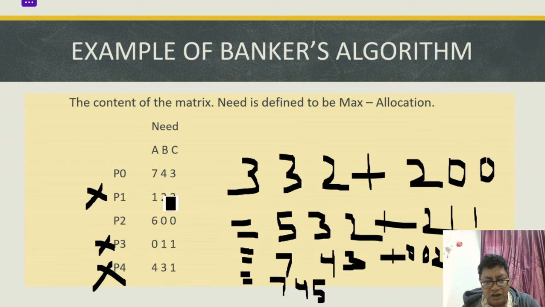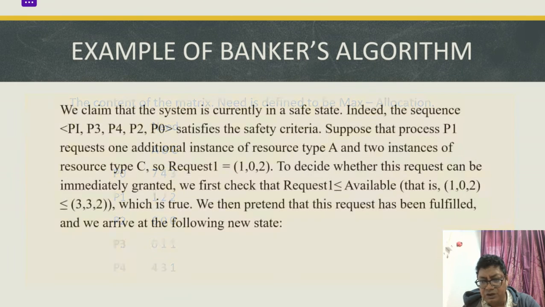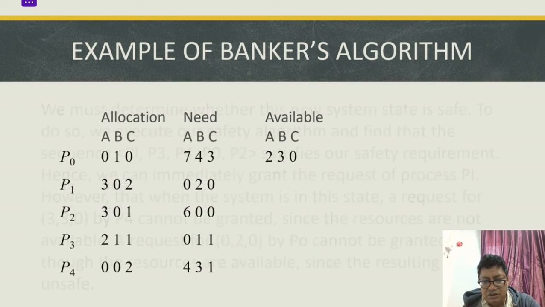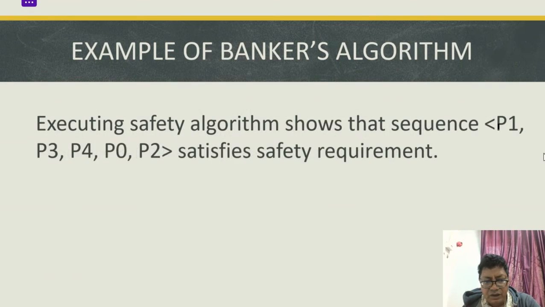7, 4, 5. Now can it satisfy the P0? Yes, A is 7, okay. 4, 4 is okay. C is 3, it is 5. So we will satisfy P0. Okay. P0 is terminated. So our next in the sequence is P0. Clear?